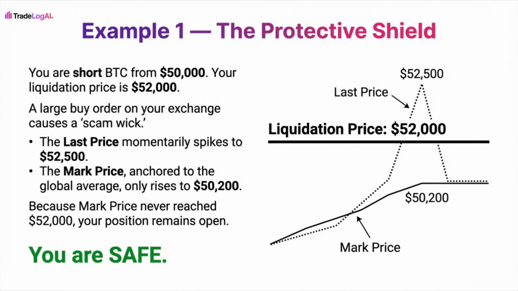So, if you're only watching the chart, it looks like you should be liquidated. But the mark price is anchored to a broader market average. It only rises to $50,200 and never reaches $52,000. Because liquidation is triggered by mark price, not last price, your position stays open.